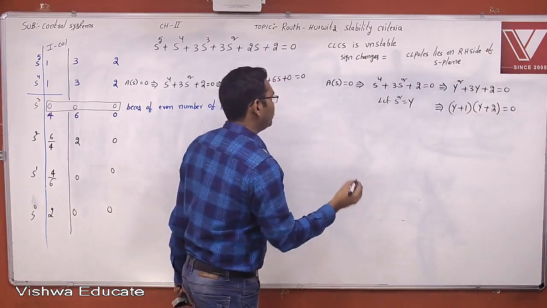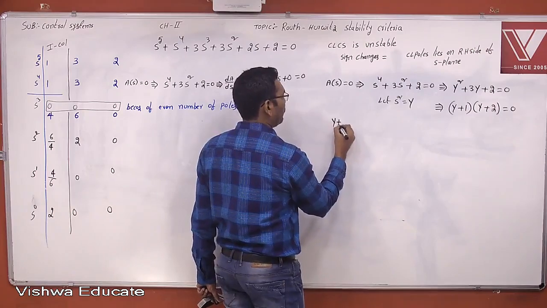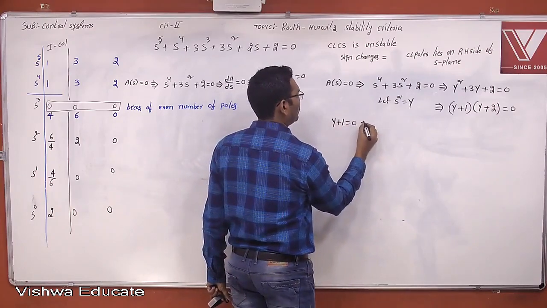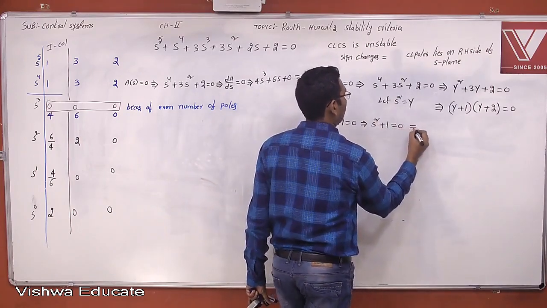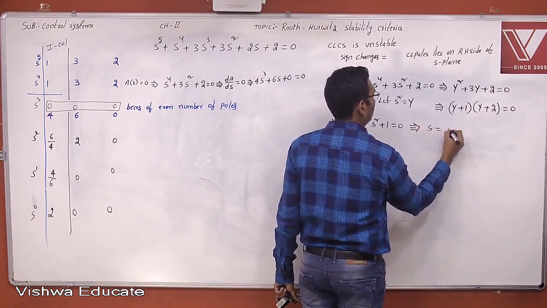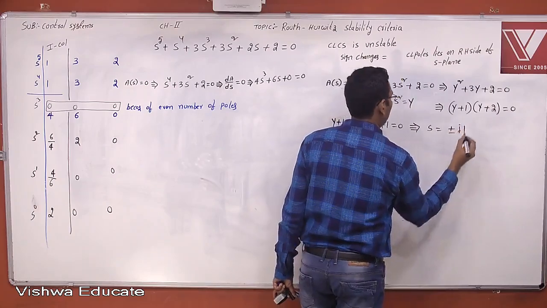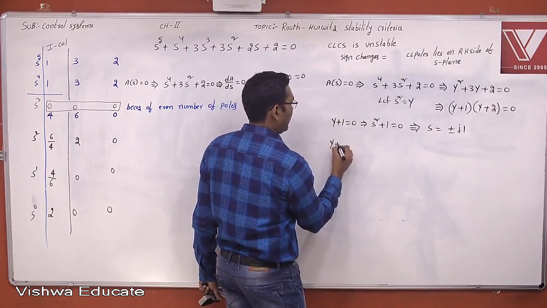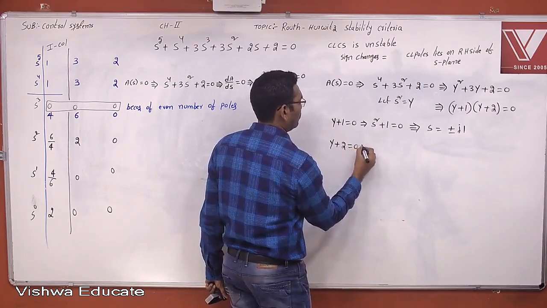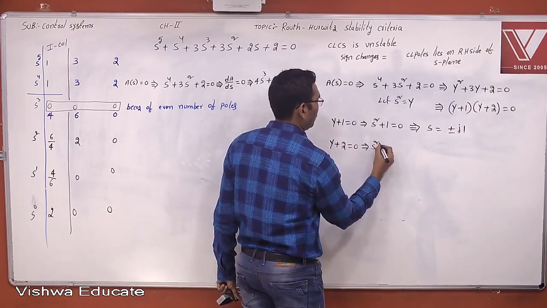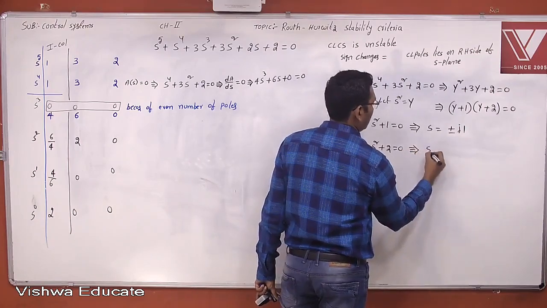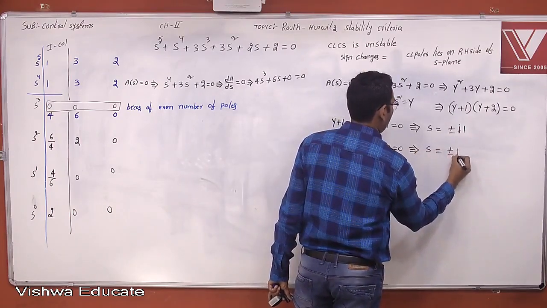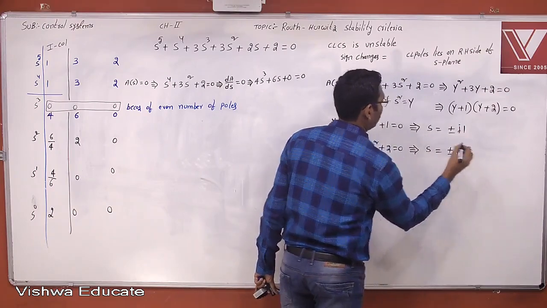Now see here, y + 1 = 0, which means s^2 + 1 = 0, which means s = ±j1. y + 2 = 0, s^2 + 2 = 0. Therefore, s = ±j√2.